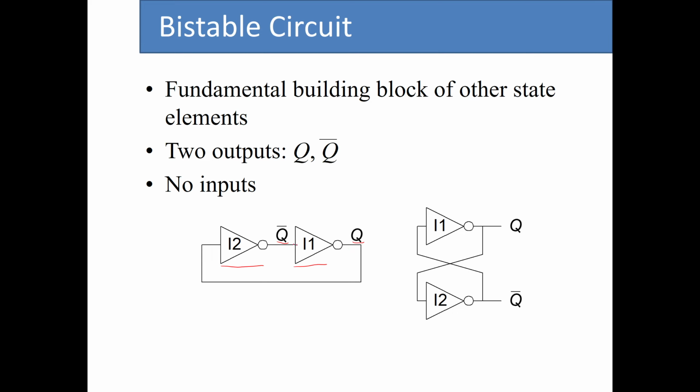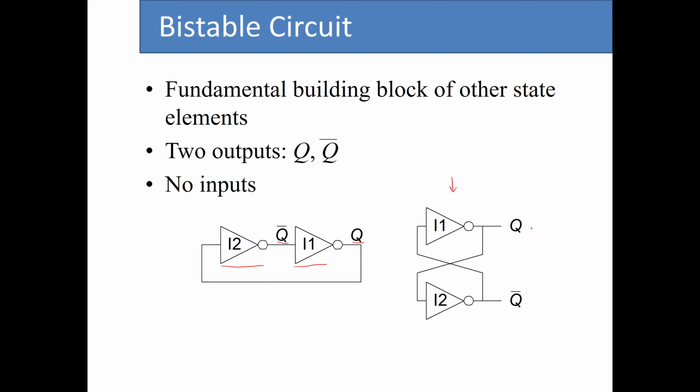And this can be shown in a different configuration as well. Not necessarily anything changes in terms of the connections, but the way that it is represented in this form is much better. As you can see here, we still have the first inverter I1.